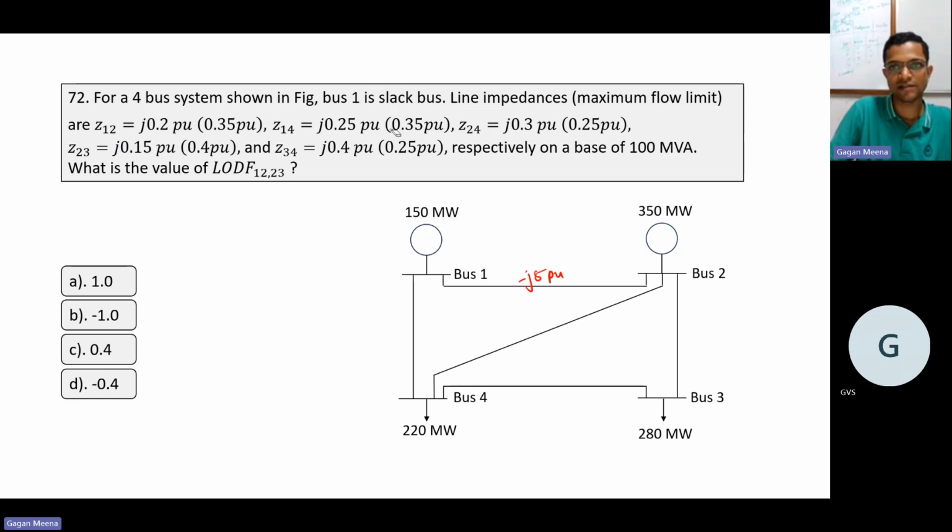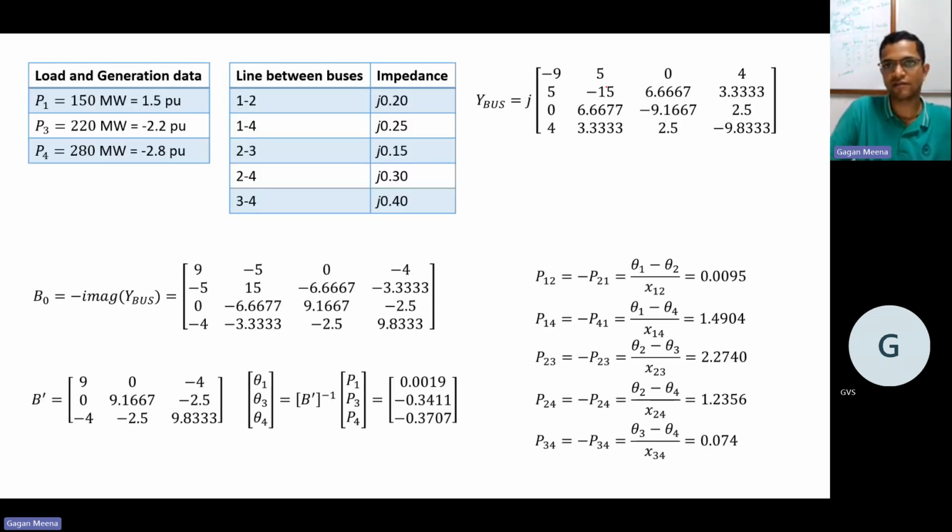And similarly, this will be 3.33. We can calculate each of them. The diagonal element will be the summation of all these, and the off-diagonal element will be the negative of this, minus j5. So the negative of minus j5 is plus j5. j is common. Similarly, we can calculate all the Y bus elements.